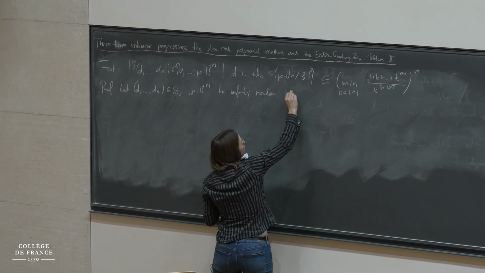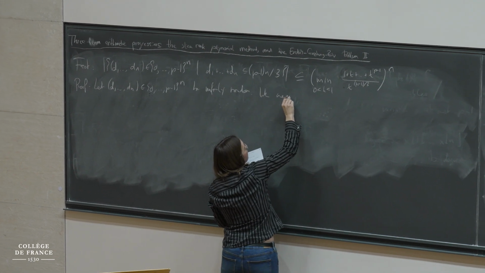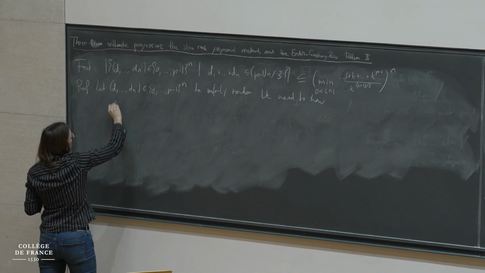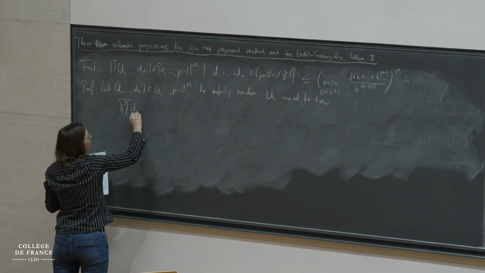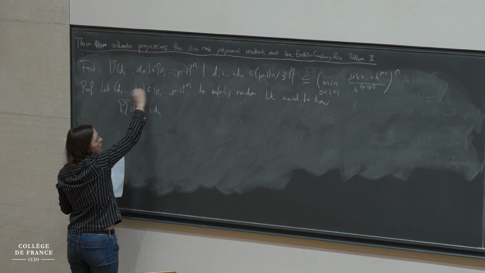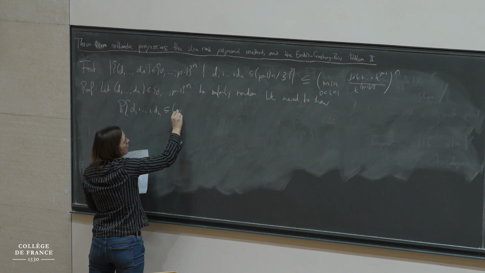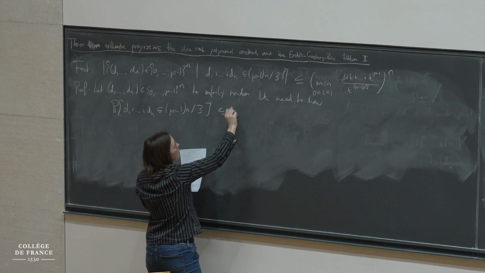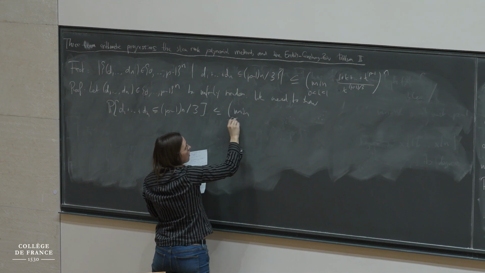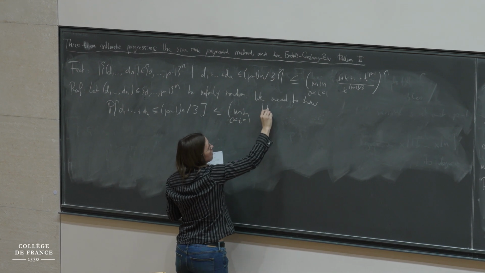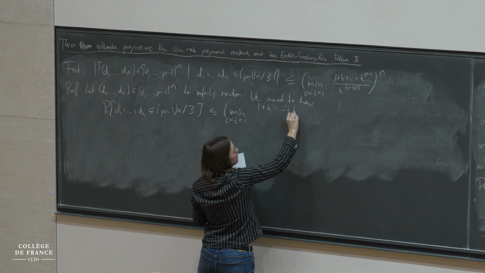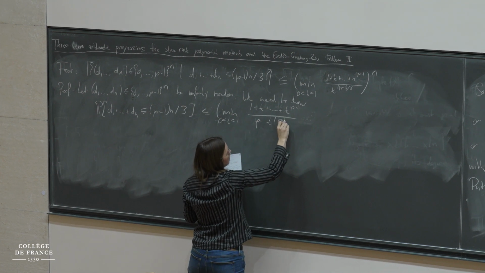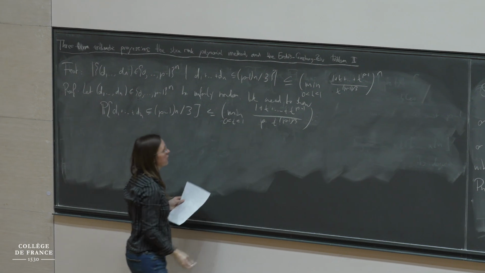So in order to check the fact, we need to show that the probability of satisfying this for this random choice is at most this, which is exactly the CP we had before.